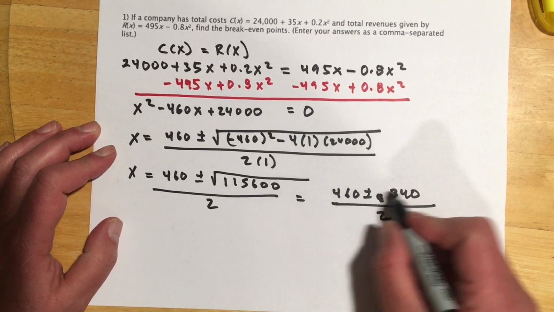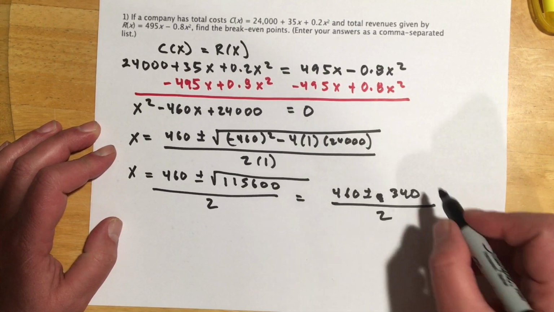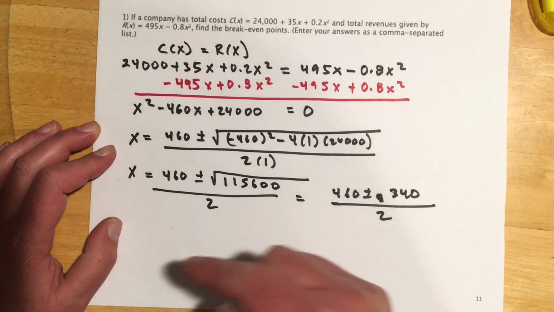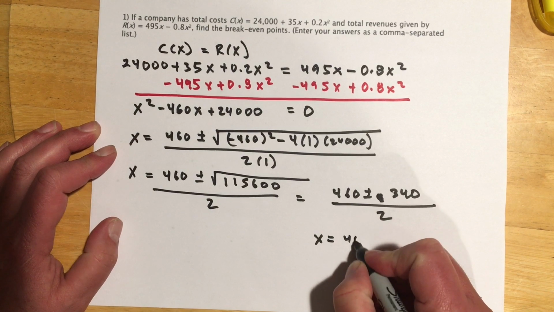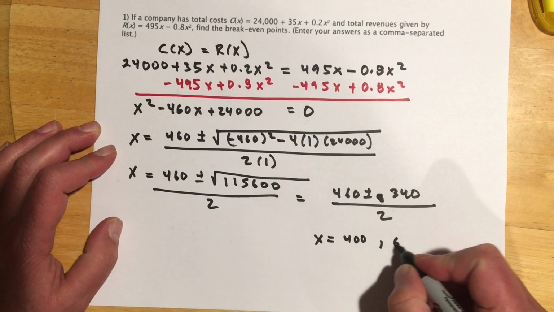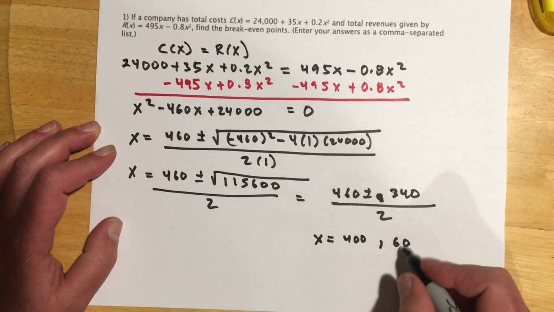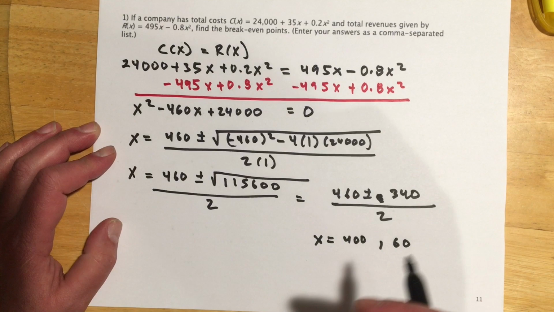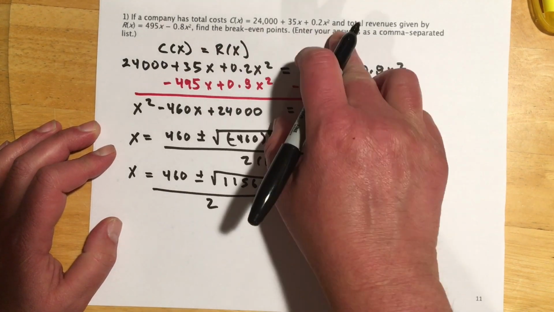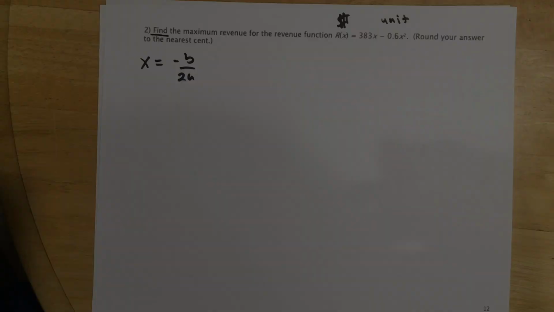And then I did 460 plus 340 divided by 2, and then the same thing with the minus. Which I've done a couple of times in the video already, so I'll just skip down to the answers. So that would be 400, and then the second answer is 60 when we do the minus. So these are the two values, number of units produced, that would be break even.